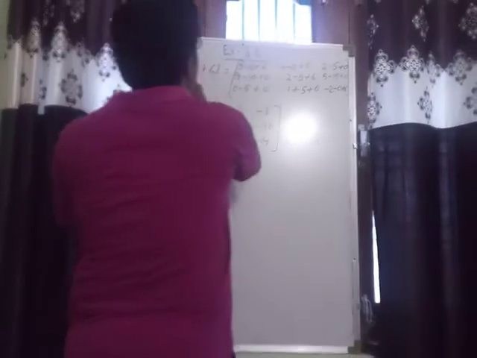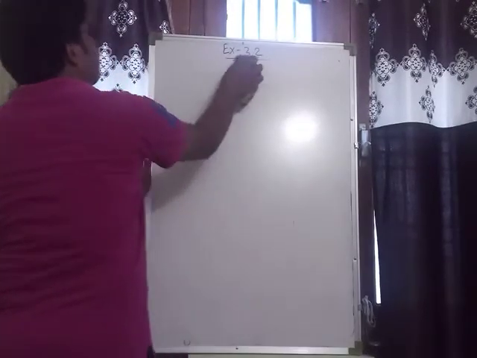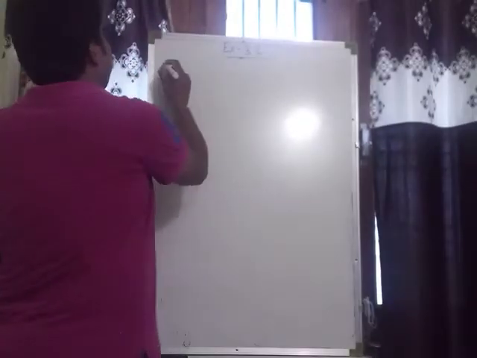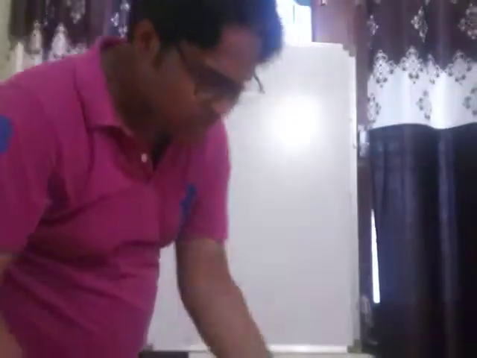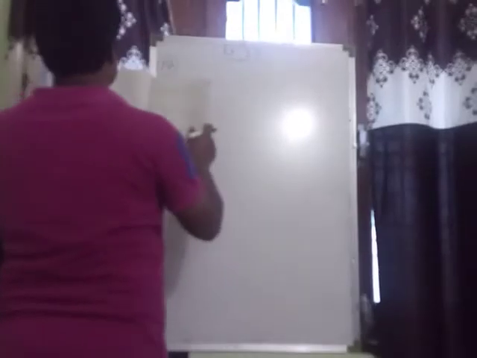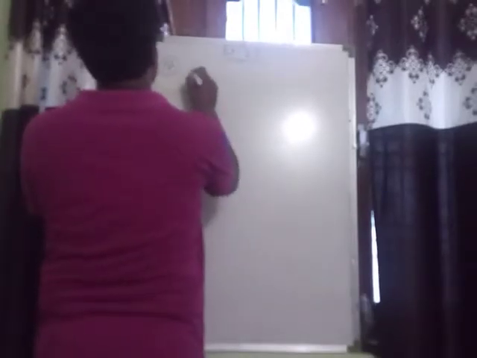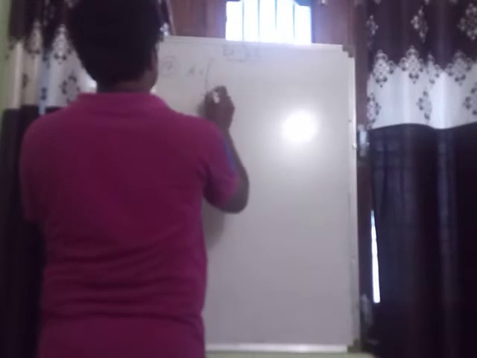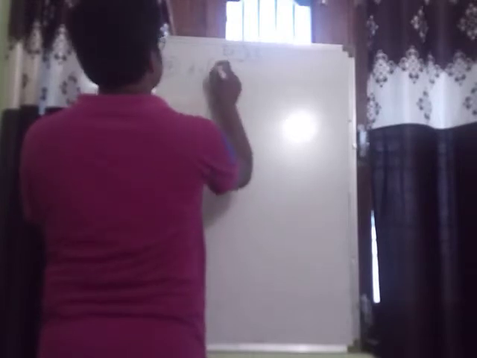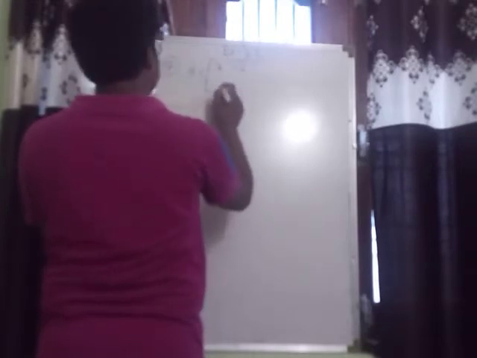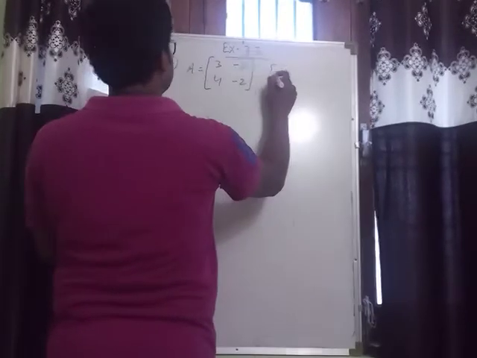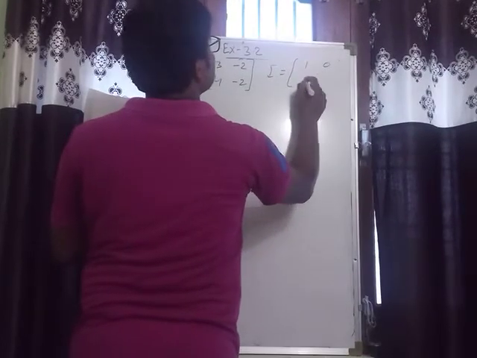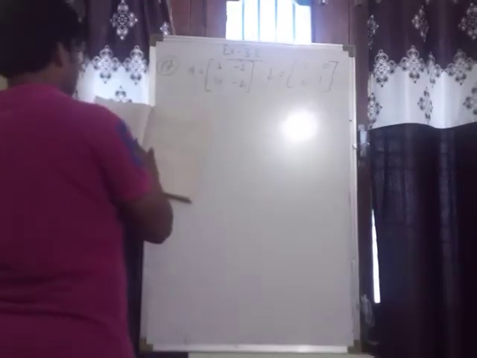Now question number 17 is: if A is a matrix, that is 3 minus 2, 4 minus 2, and I is given 1 0 0 1, that is the identity matrix of order 2.